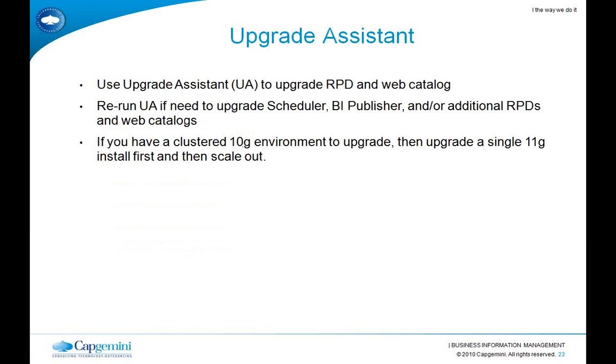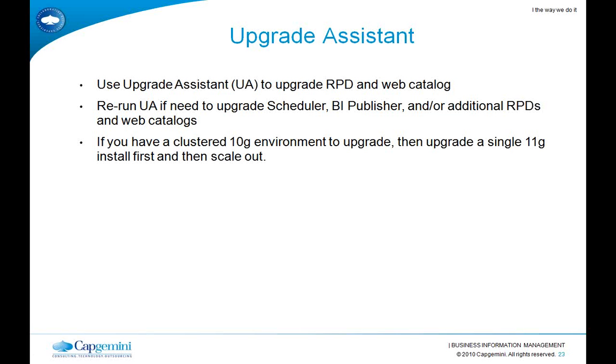So the Upgrade Assistant in a Windows environment is a batch file. In Linux or Unix, it's a script file, labeled ua.bat or ua.sh, and that will be used to upgrade your RPD and your web catalog. If you have multiple RPDs, or if you need to come back in to migrate your publisher or scheduler information, you basically would run it multiple times to handle those specific situations.